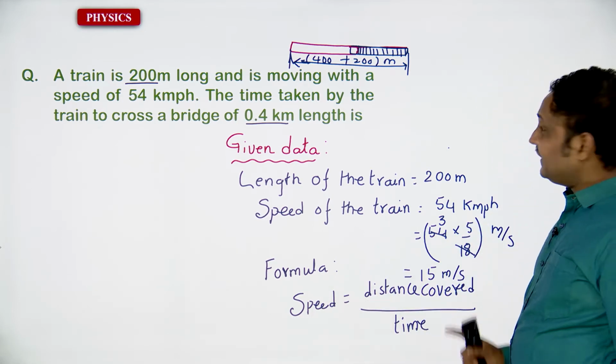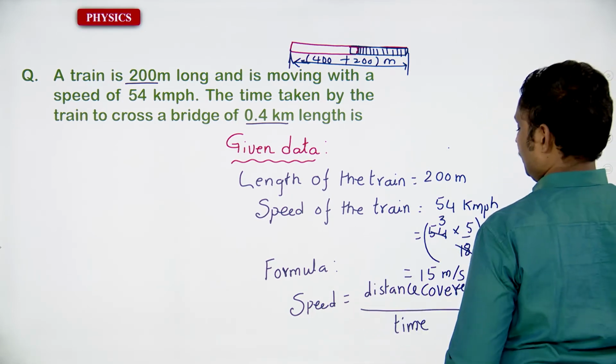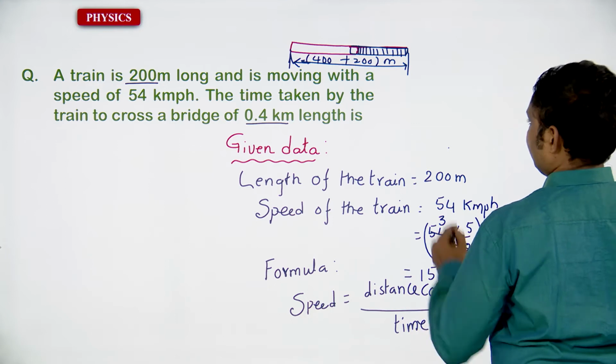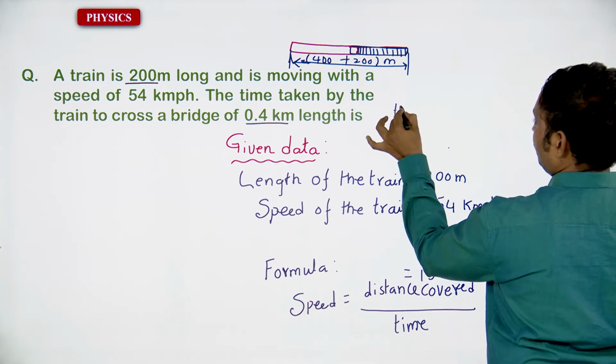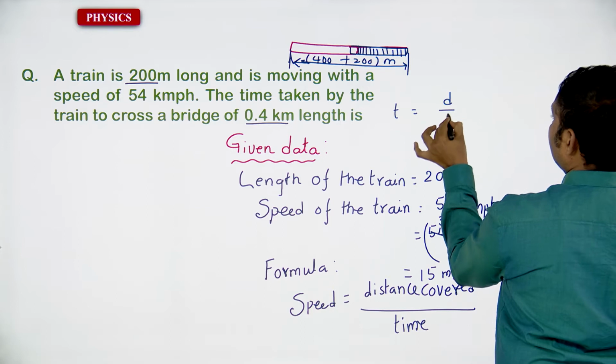In the given question, we need to find the time. Therefore, t is equal to distance by speed.